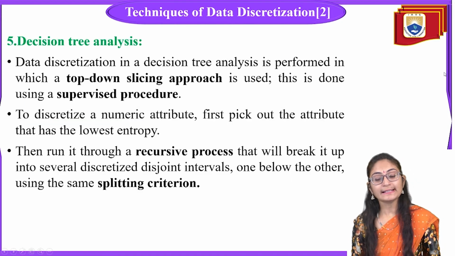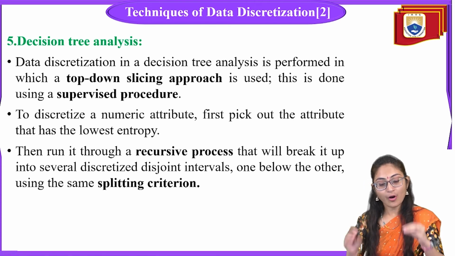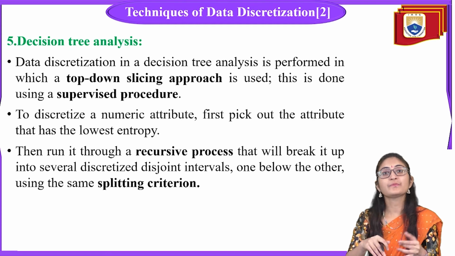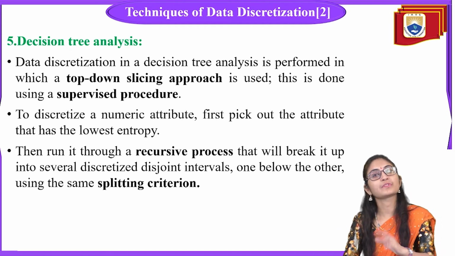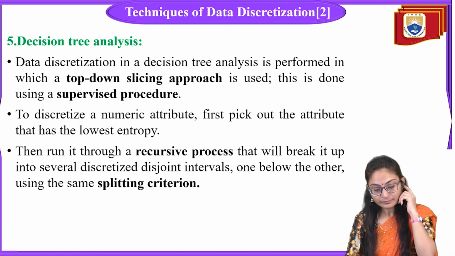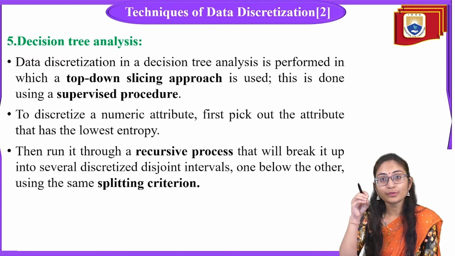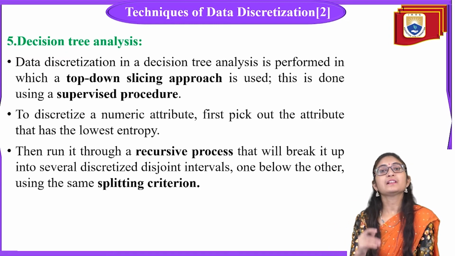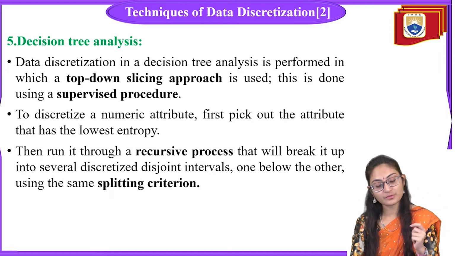Now we will see decision tree analysis. In data discretization, we always perform some slicing and merging, top-down slicing and some merging of data. We are splitting and merging the data. In a decision tree, you have to perform some approaches which are used for a supervised procedure.